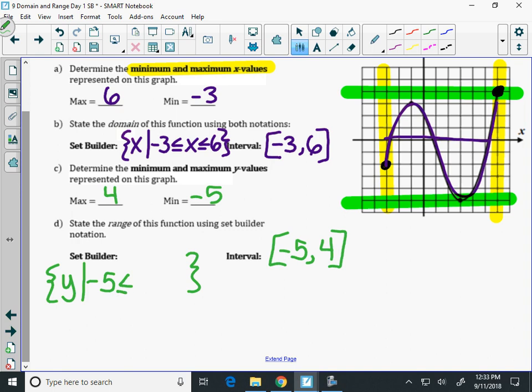Less than or equal to y, for range, is less than or equal to 4. Okay, they say the same thing but with different notation. You're not always going to have to write both of them. I want to teach you both, and then there are certain cases where it makes more sense to use one notation versus the other. Okay, so let's flip our paper over.